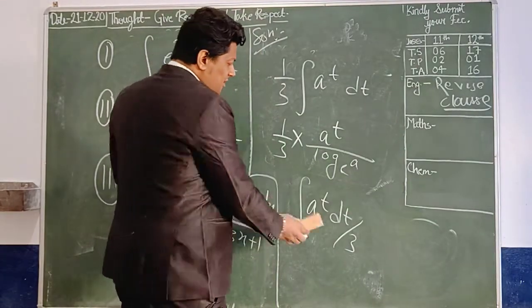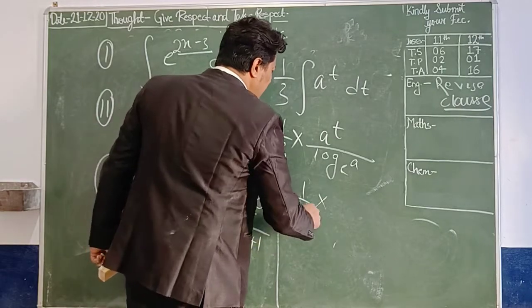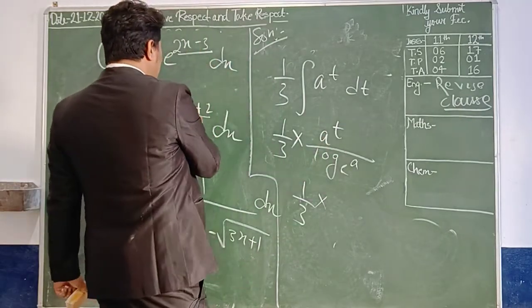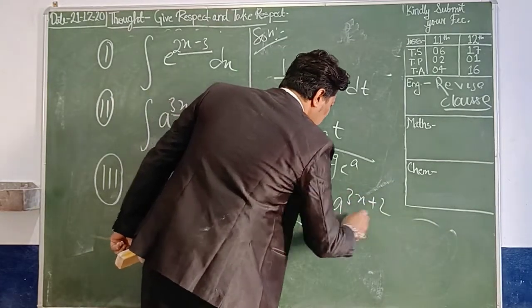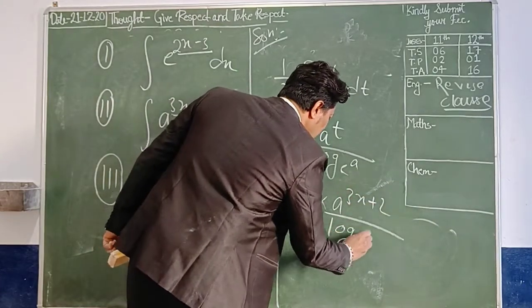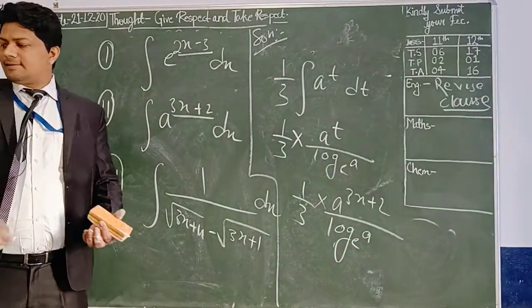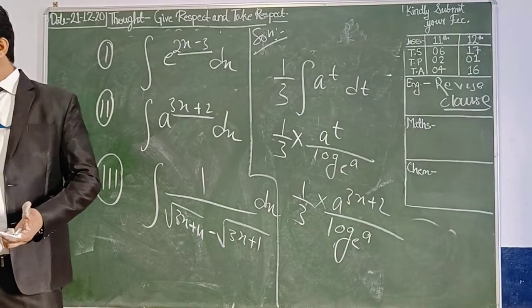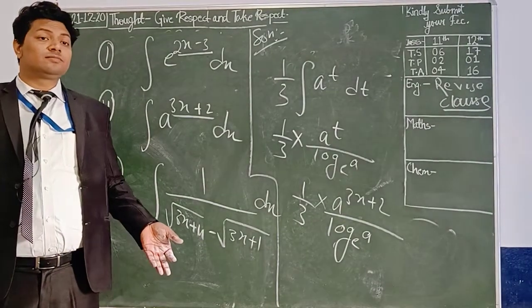Is it right? Any doubt up to this point? So 1 by 3 multiplied with a power t, and a power t is a to the power 3x plus 2, upon log a. Is it clear?